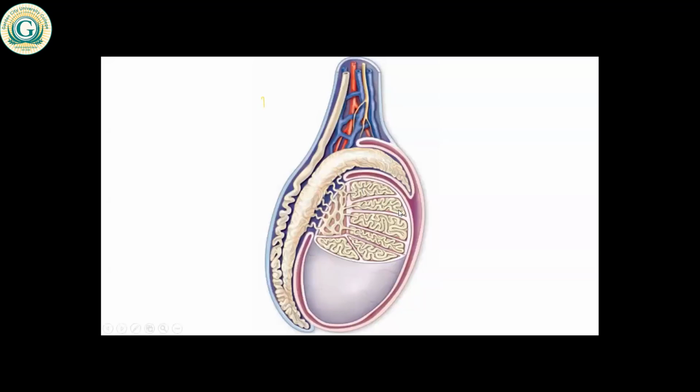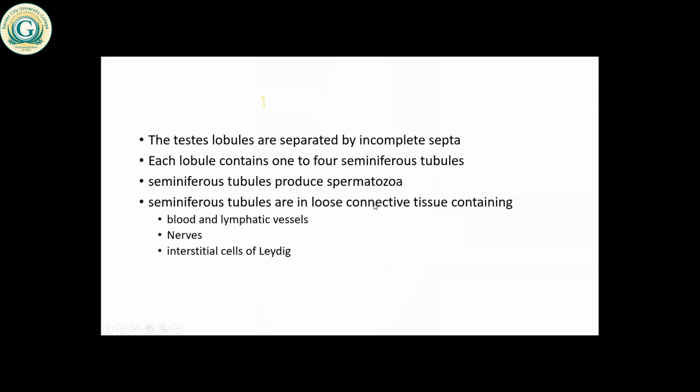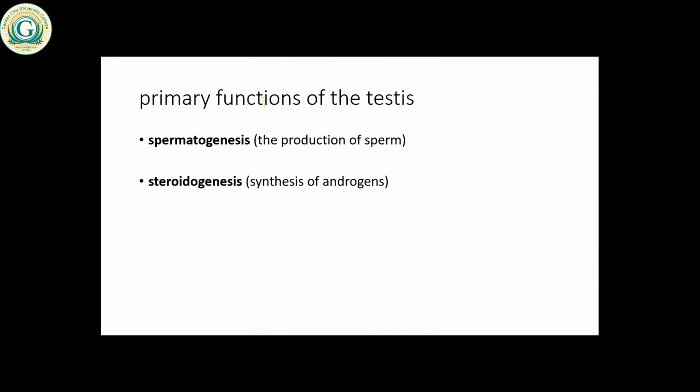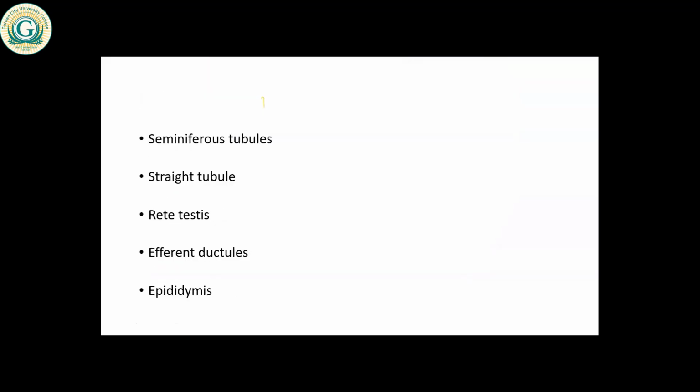Usually, if you don't want to say coil, you say convoluted. Convoluted, like coil. We call that tube the seminiferous tubule. Seminiferous tubule. That is the name. Good.